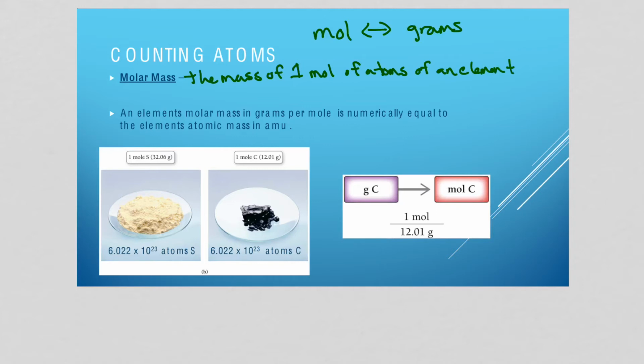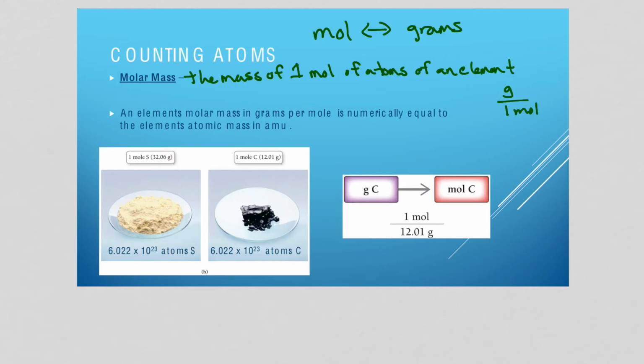It's going to be, of course, in units of grams per 1 mole. So it's the mass of 1 mole, grams per 1 mole. This is what's called the molar mass of an element.